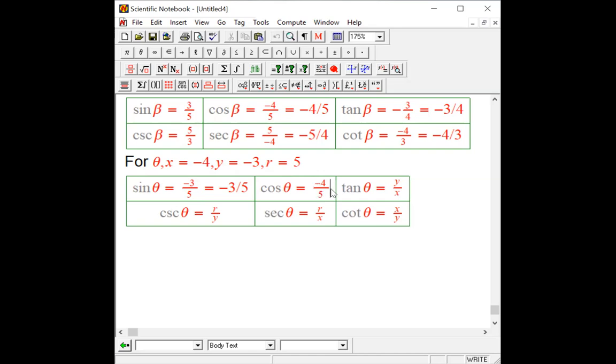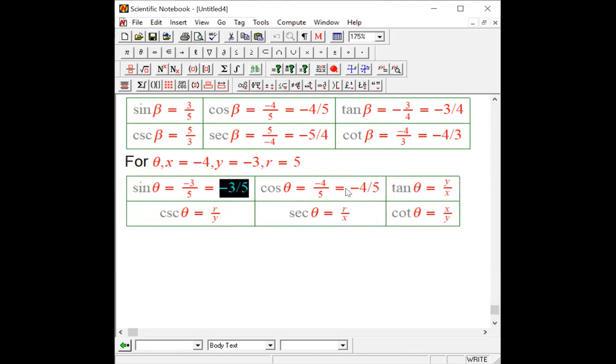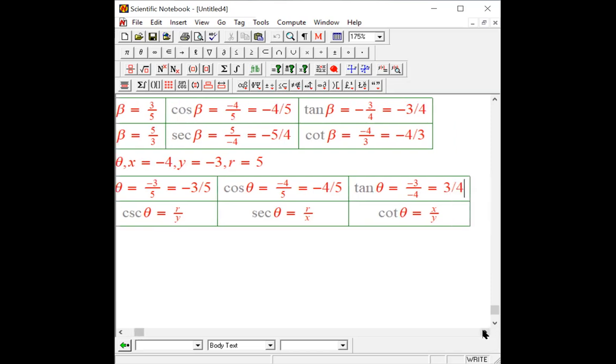In these two cases, a decimal number will work: negative 0.6, negative 0.8, that will be fine. For tangent, y is negative 3, x is negative 4, negative divided by negative is positive, so this is just 3 over 4.